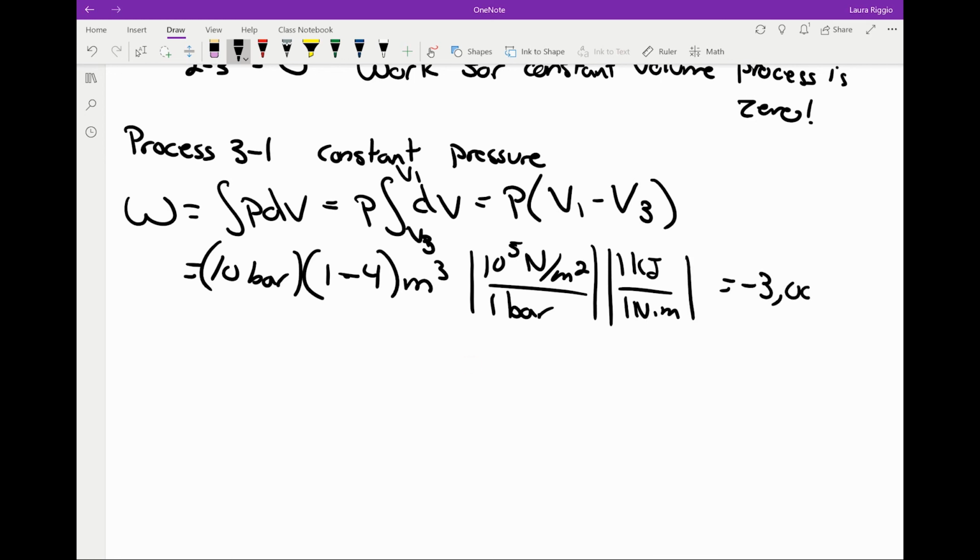We get minus 3,000 kilojoules, which is work in because it is negative.